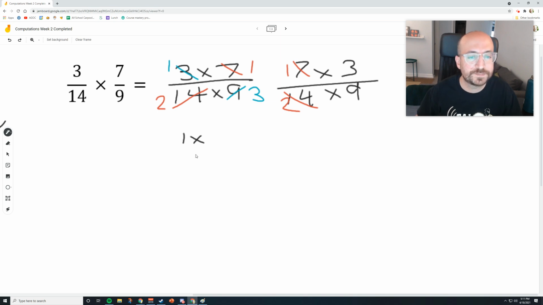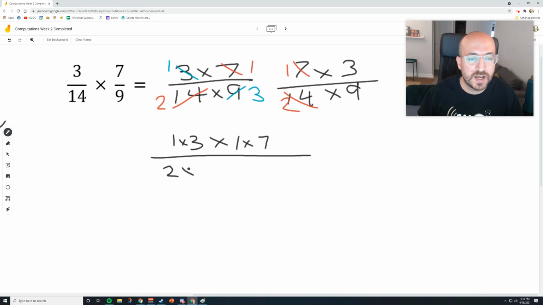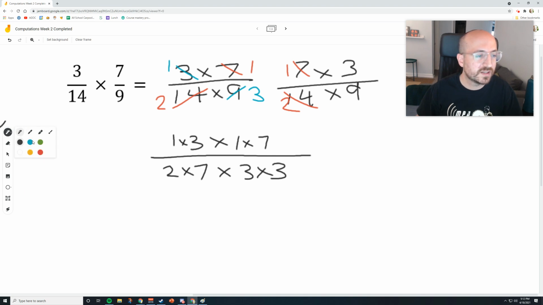Another way we could see this, decompose the numbers a little bit, like 1 times 3 times 1 times 7, because we have 3 times 7 on the top. And the bottom is 2 times 7, which is 14, times 3 times 3. We've never done this before, so it might look weird. We're saying, we're going to multiply times 3, but then we're also going to divide by 3. Let's cancel that out.